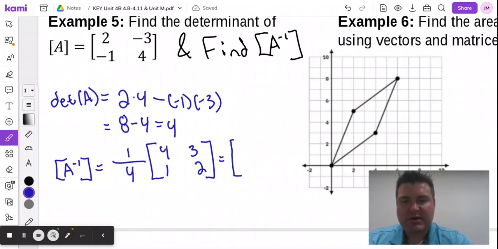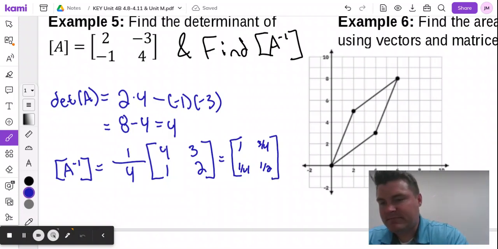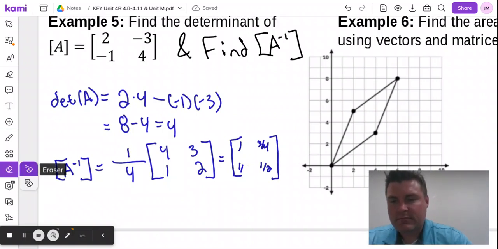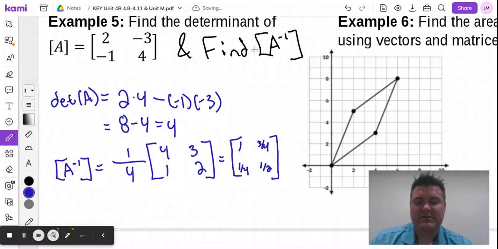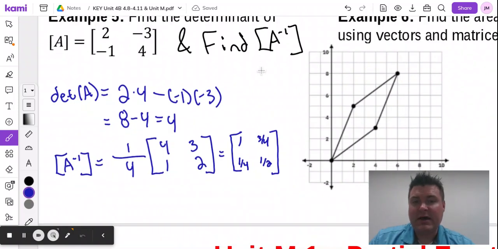So we have a nice, pretty matrix of 1, 3/4, 1/4, and 1/2. There's the identity. So if you're going to multiply A inverse and A together, you should get the identity matrix. I will not do that, but if you want to try that out on your own, feel free.